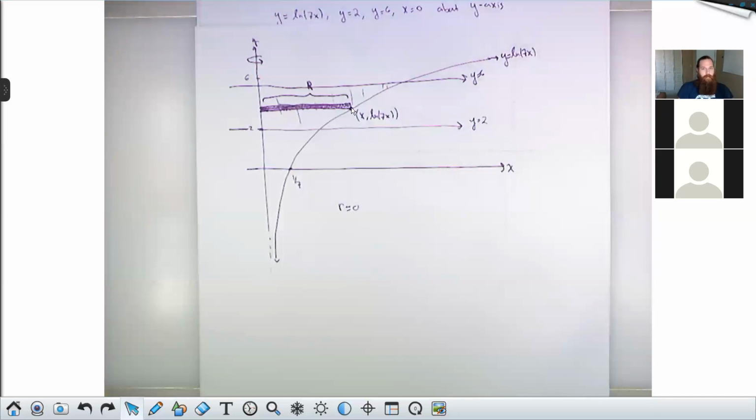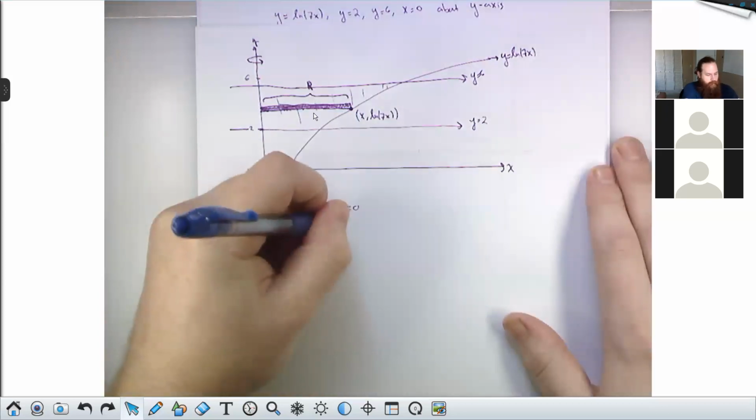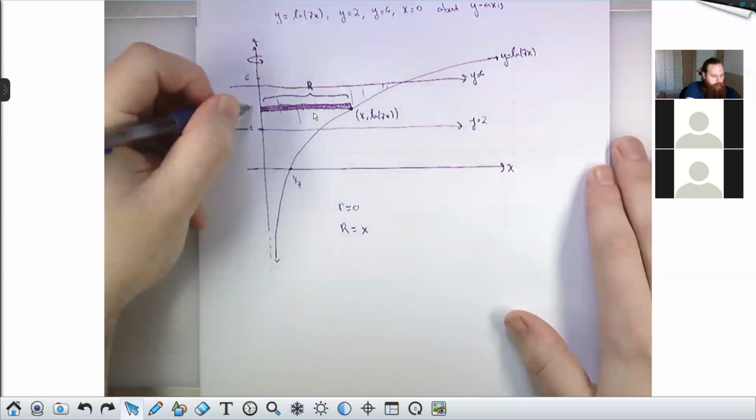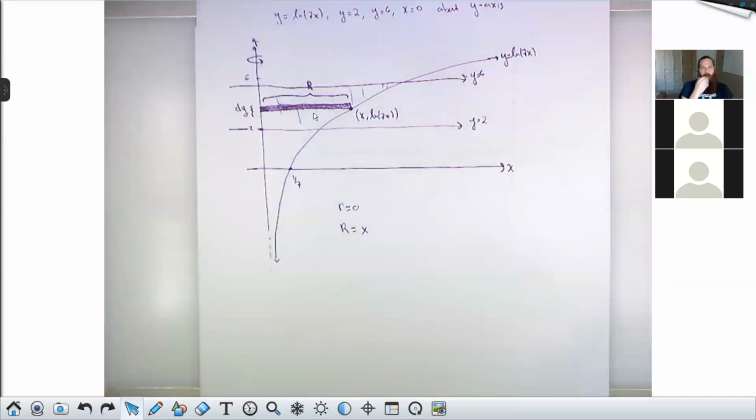So I would be tempted to say that this distance is just x. And that wouldn't necessarily be wrong. It's just that it's not everything we need. Because the thickness of this strip is a dy thickness, I have to write both of these as functions of y. Thankfully, little r is 0, so I don't have to stress about him.